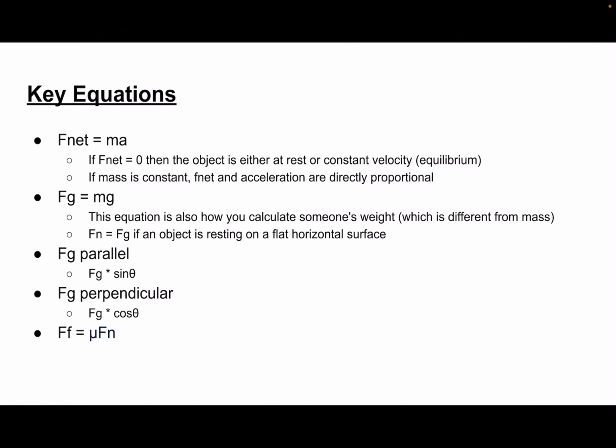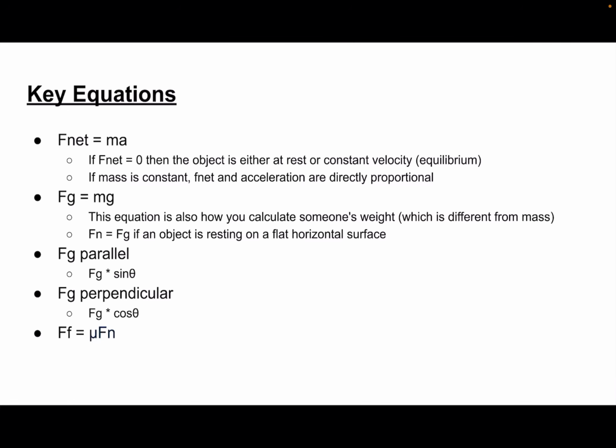Now, Fg, or gravitational force, is just mass times gravity, but in some questions you'll see a sort of slanted free body diagram, and in this case, you'll need to break up Fg into Fg parallel and Fg perpendicular. So to calculate Fg parallel, you have to do Fg times sine theta, and for Fg perpendicular, you have to do Fg times cos theta, and it'll give you the angles.